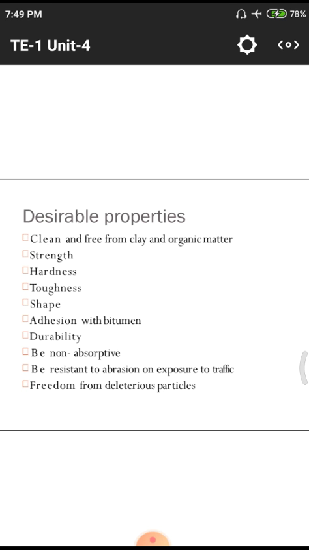So the aggregates should be non-absorptive and resistant to abrasion or exposure to traffic. Abrasion means friction. Against exposure to a huge quantity of traffic, second by second the tire force is applied on a particular road surface, so the material will have to bear those pressures.